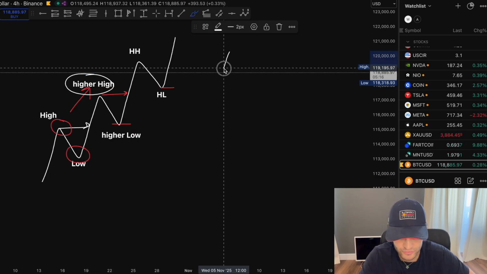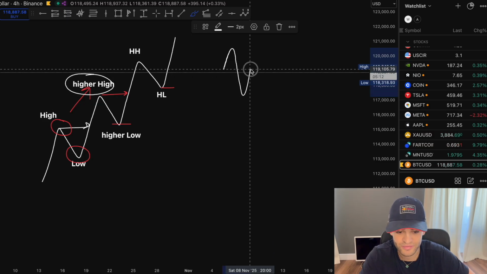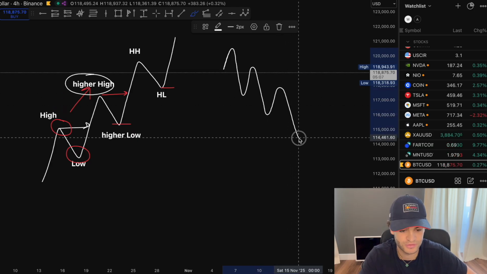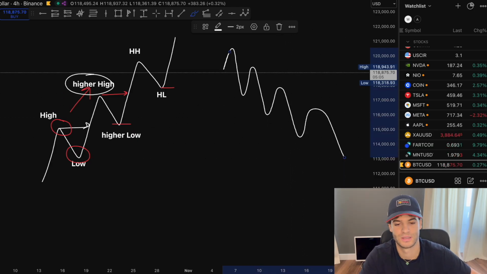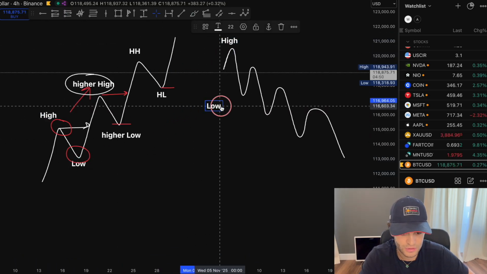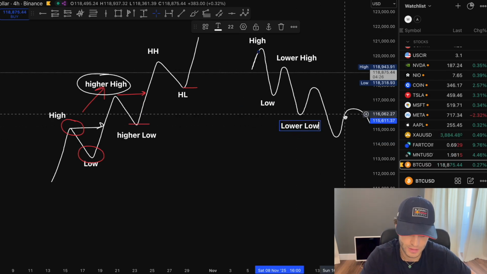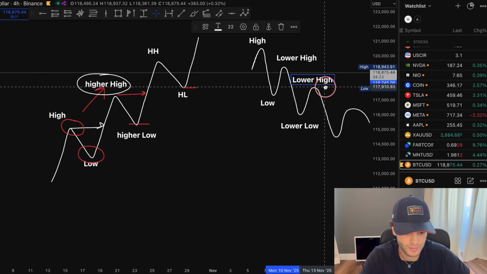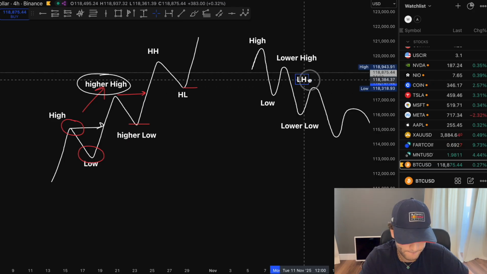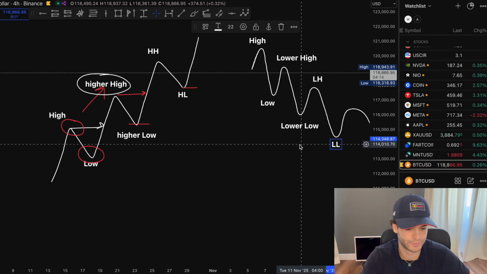Very simple. For a downtrend, it is basically the same thing, where you have a high that is put in, right? So we put in a high, we put in a low, and then we have lower highs and lower lows. Lower highs, lower lows, lower highs, lower lows. So then once again, we have a high, we have a low, and we have a lower low. Very, very simple. You see? Lower high, lower low.